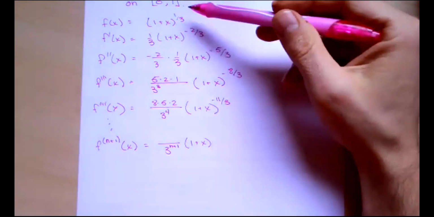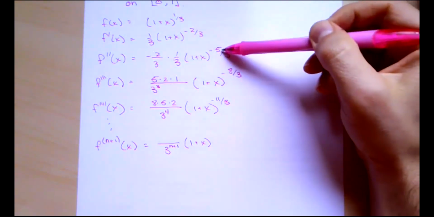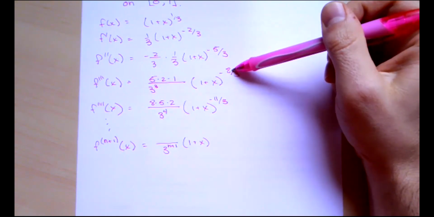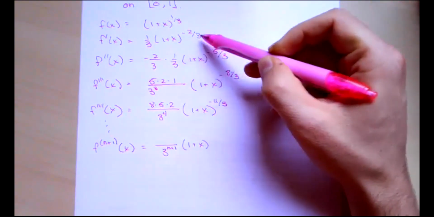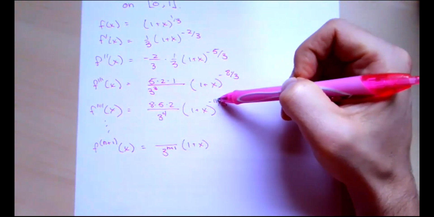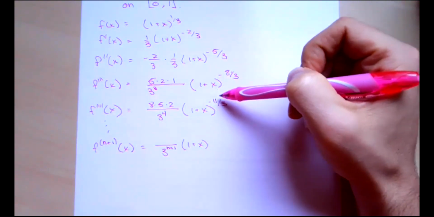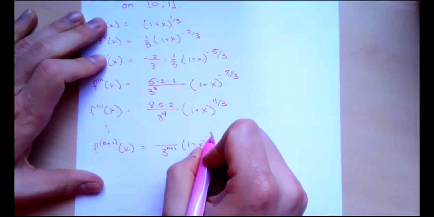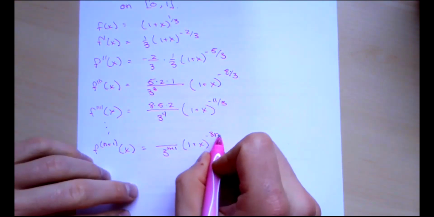Okay, so 1 derivative, I'm at -2. 2 derivatives, I'm at -5. 3 derivatives, I'm at -8. Of course, the denominator is always 3. What's happening to the numerator? I am subtracting 3 every single time. So it's going to be a minus 3n, but then I need plus or minus something.